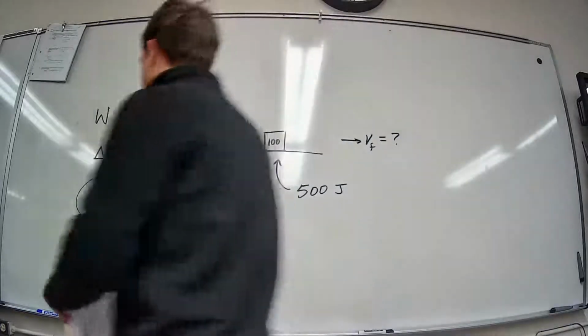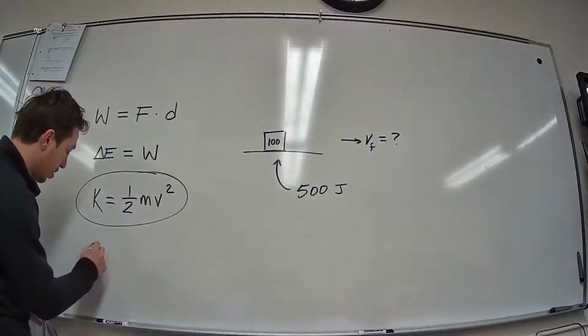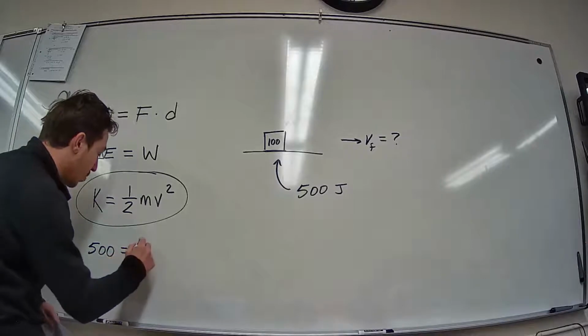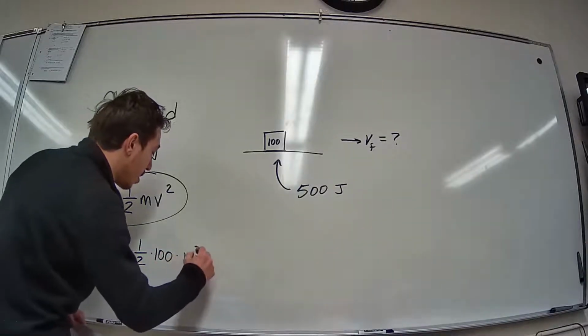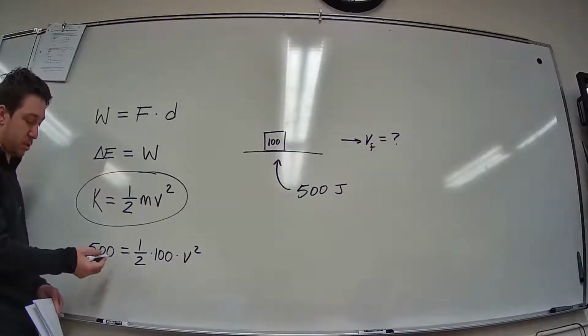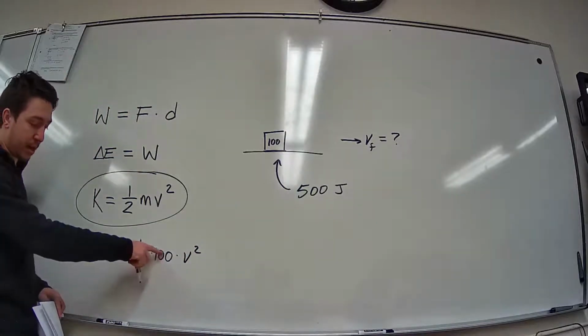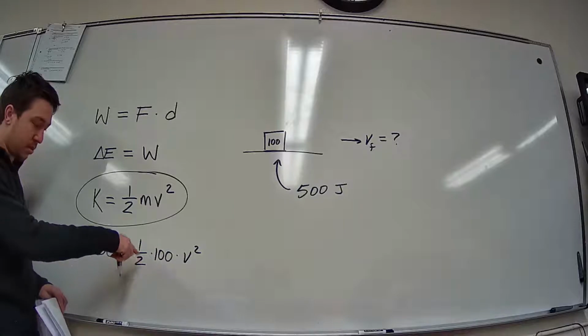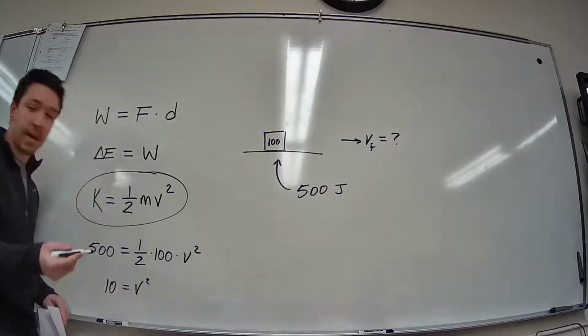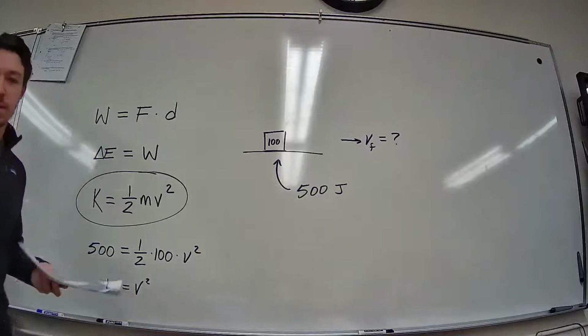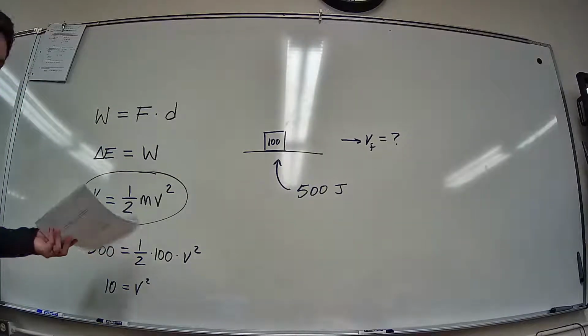You'd say, okay, the kinetic energy of the block would be 500, equals 1/2 times the mass, which is 100. So 500 divided by 50 is 10. And so your velocity is going to be the square root of 10, so 3.2-ish.